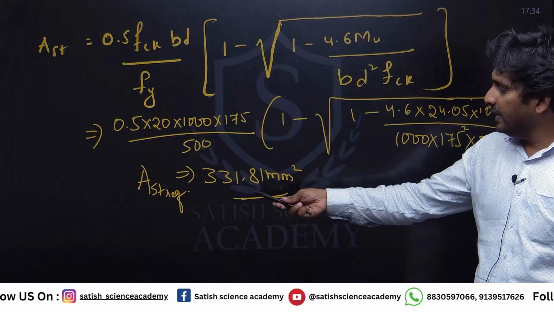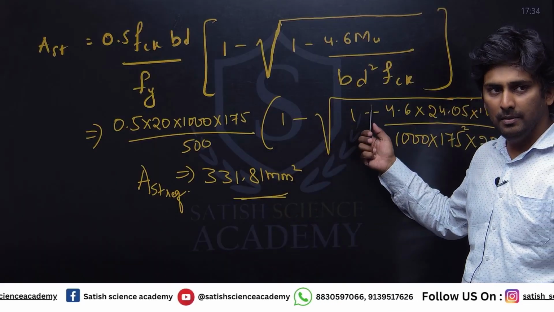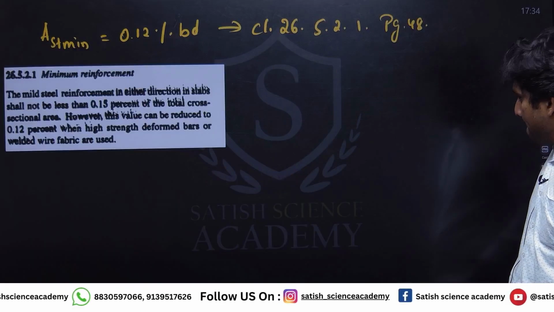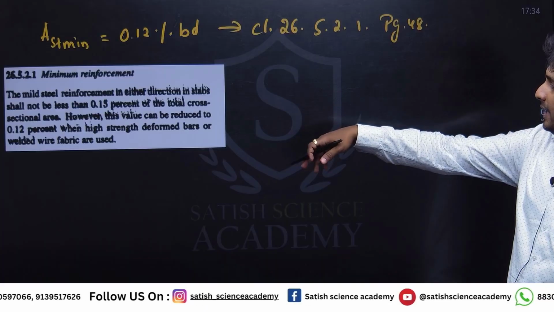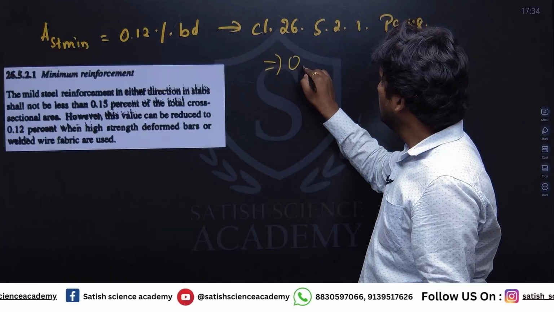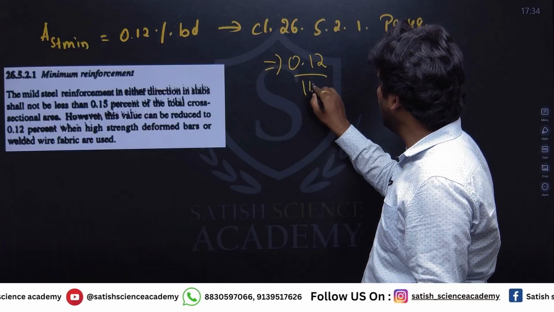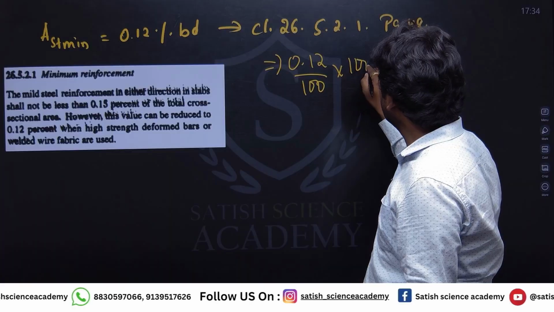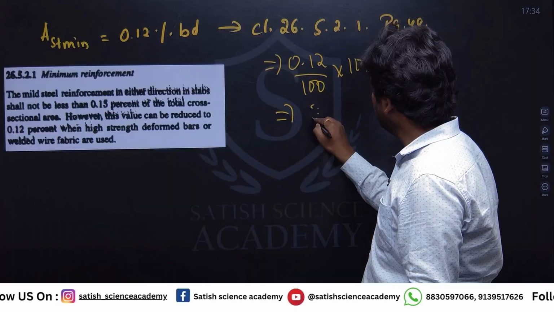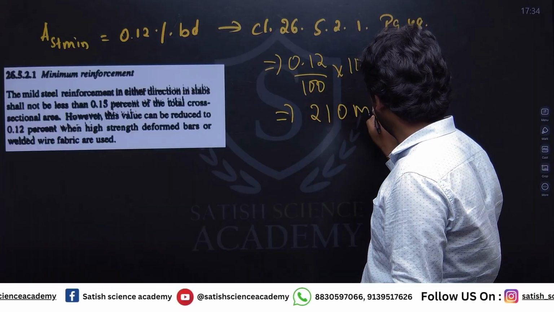When the required Ast is less than the minimum required Ast, then you will be providing minimum Ast. So Ast minimum for HYSD bar is 0.12% of bd. You know this one. 0.12 divided by 100 into b value is 1000 into d value is 175. On solving this, you will get 210 mm square.